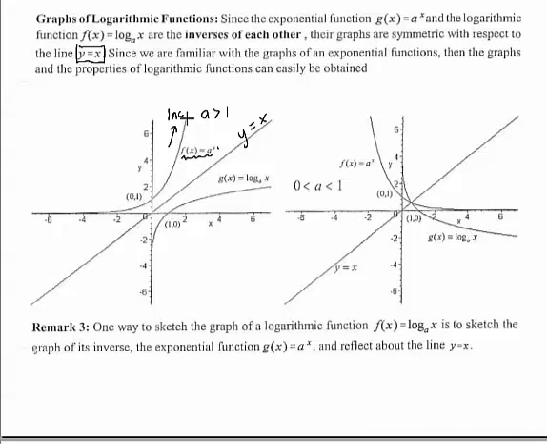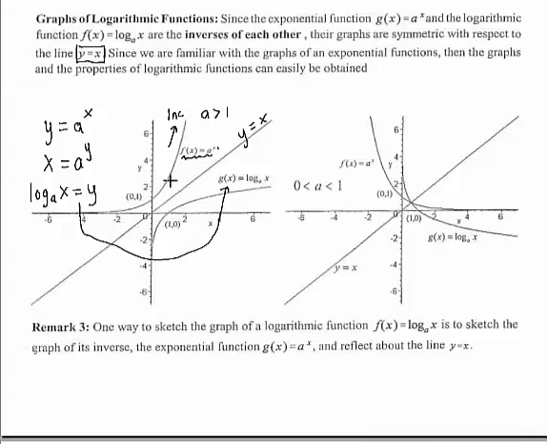Okay, so the equation for this exponential curve here is y equals a to the x. If we do like we did in the previous example and swap the variables and then solve for y, we get log base a of x equals y, which is exactly what we have written there.